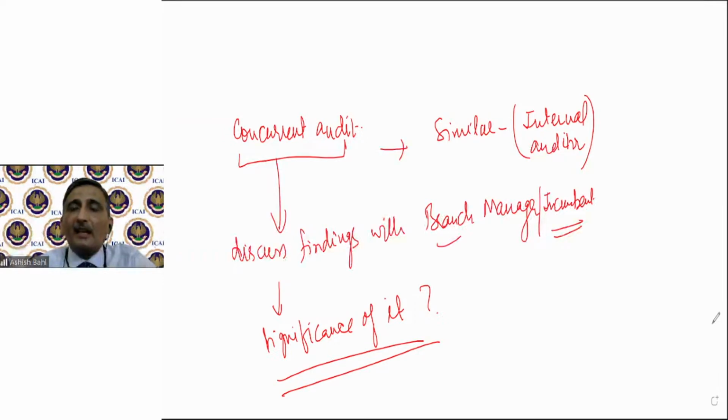And in some banks, he has to also expressly state in his report that I have discussed all these findings with the branch manager, with the branch management, because it enables higher authorities to take a view that this is also in the knowledge of the branch manager. And if something has been discussed with the branch in charge, and he does not rectify those deficiencies, then controlling authorities can pull him up.